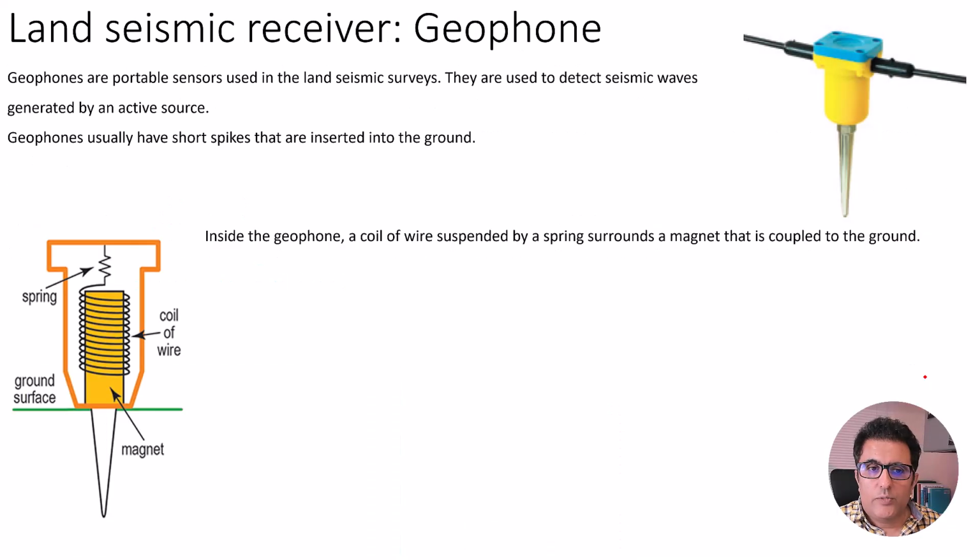The receiver that we use for land seismic surveys is called a geophone, and in a very simple model, you see that a geophone is a magnet, and over the magnet there is a coil that is suspended by a spring. And here we have a spike to insert into the ground for coupling.